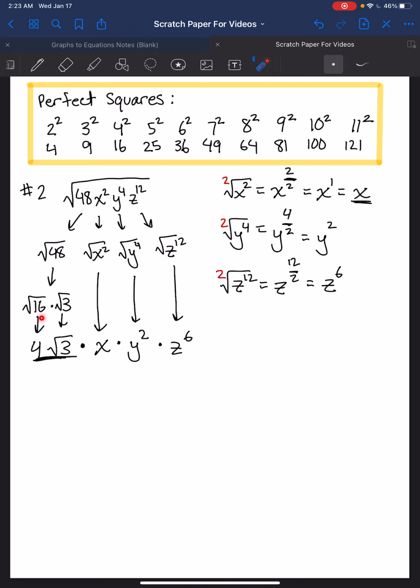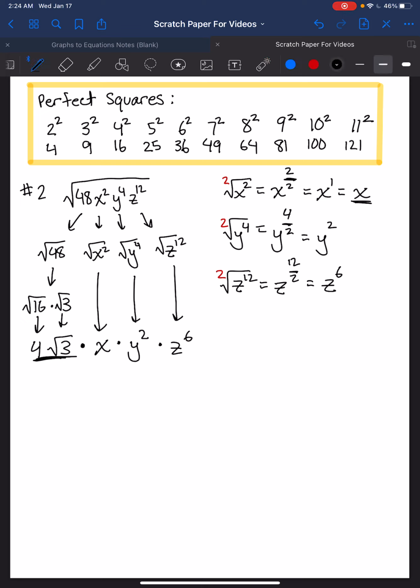Now, don't leave your answer like this. This is very messy. What you want to do, your square root should always be at the very end. So all of this stuff needs to come in front with the 4. When you're writing numbers and letters together, numbers go first, letters follow in alphabetical order.